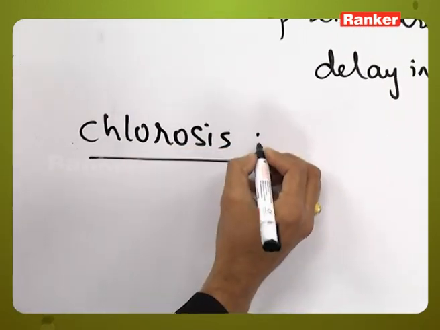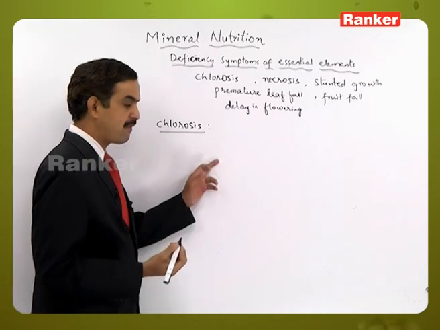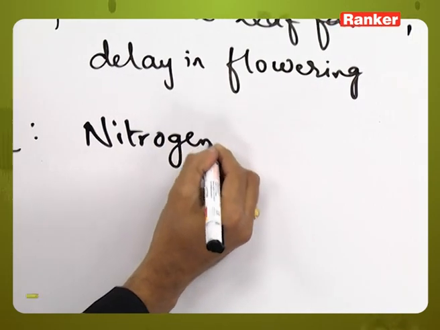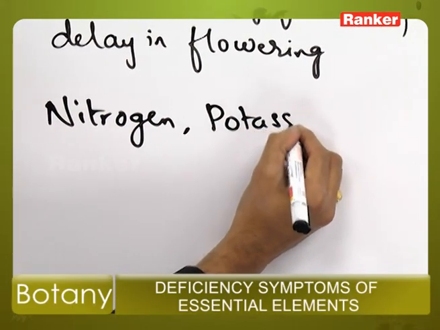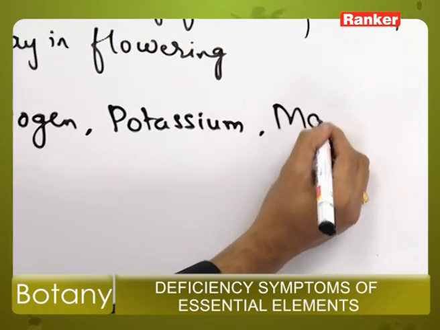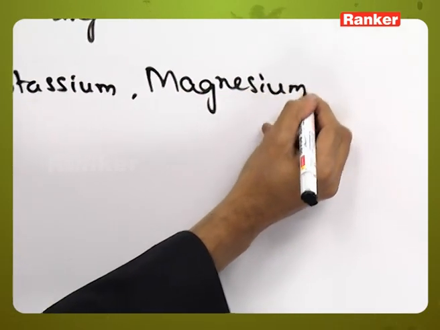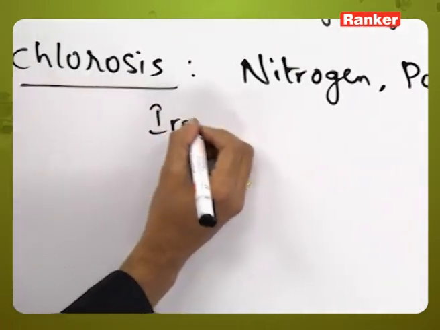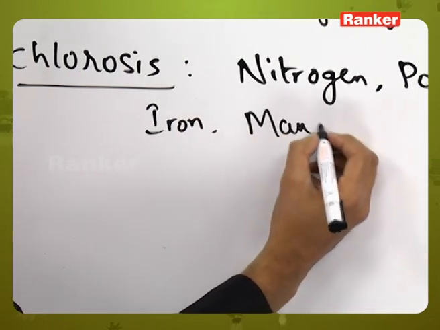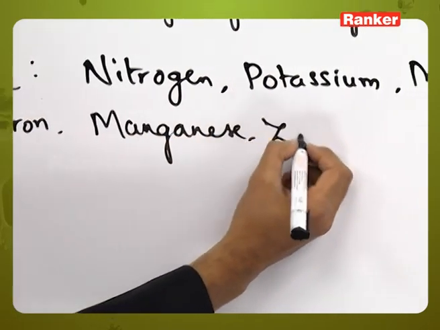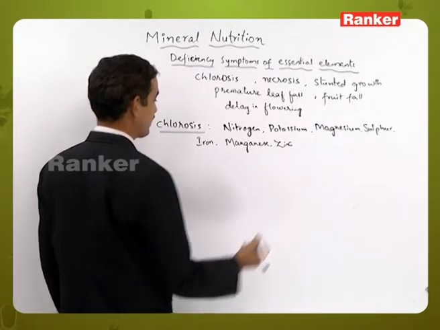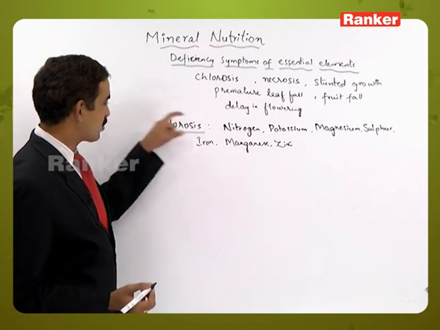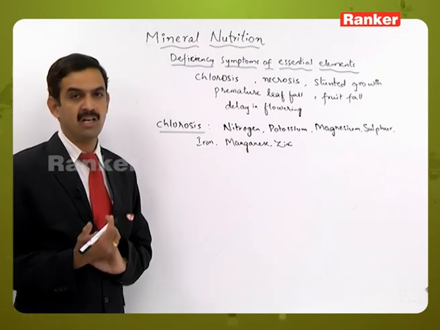Chlorosis is the deficiency symptom which is caused by the deficiency of various types of elements like nitrogen, potassium, magnesium, sulfur, iron, manganese, zinc, etc. So, here one symptom is caused by the deficiency of different types of elements.